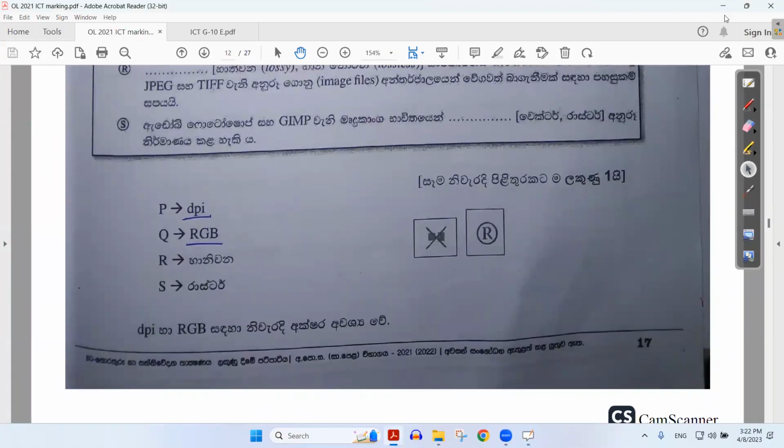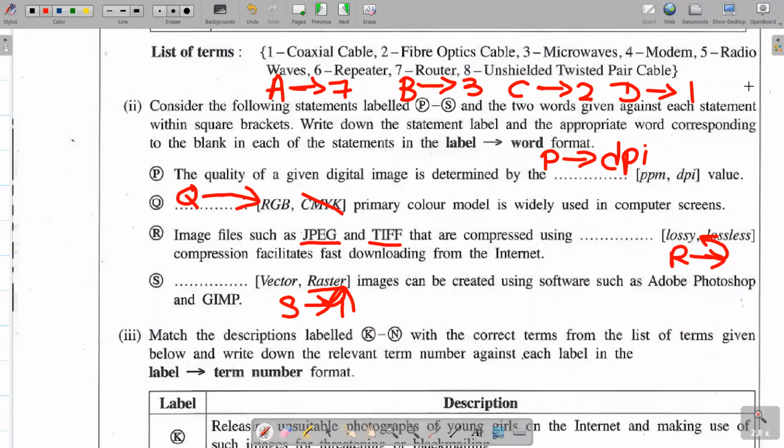Yes, P is DPI, Q is RGB, R is lossy, S is raster. So if you got everything, then 1 mark is given.